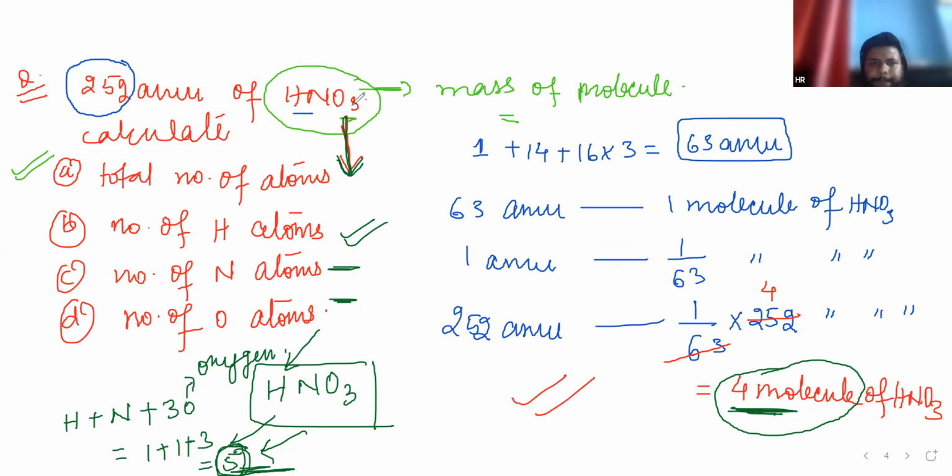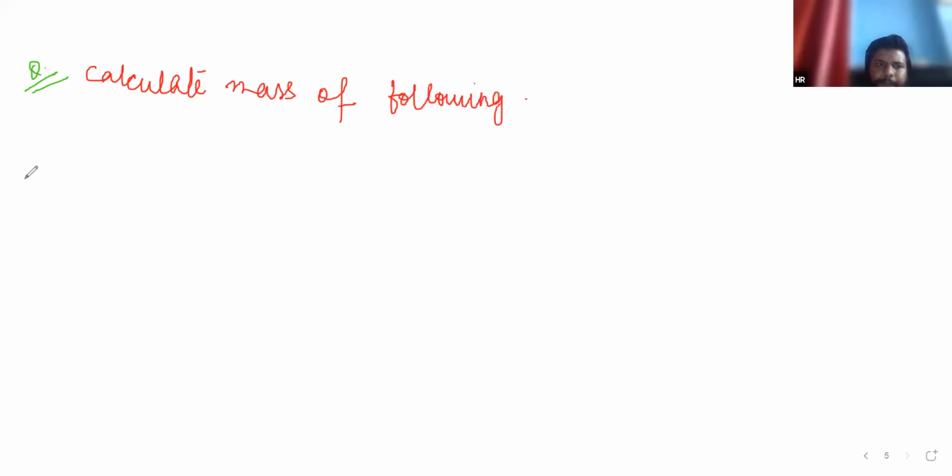Just see. I have already told you the mass of every atom from 1 to 20. Hydrogen 1, helium. If you don't know the mass of any atom, just ask me. My question from the beginning: calculate the mass of the following.